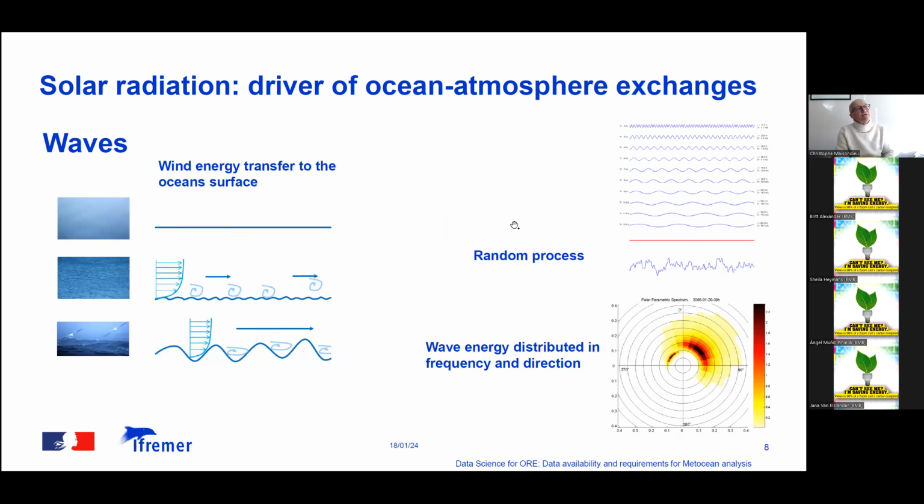Waves. So waves are derived from the transfer of wind energy to the ocean surface. So the waves are considered as a random process. It's a combination of different waves having different frequencies and direction, and so they are randomly distributed. And the wave energy is what is important here, is that wave energy is distributed in both frequency and direction.